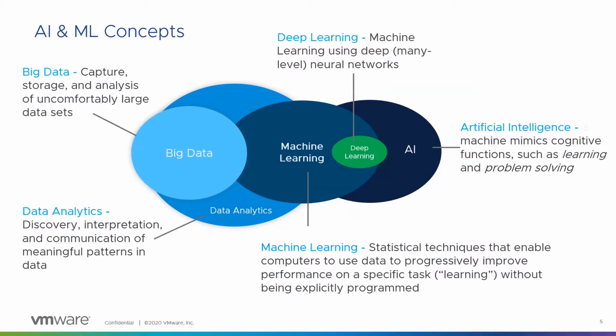So I know people use AI, ML, big data analytics all interchangeably. And it's kind of okay because people do, everything is born from a single source, right? Now, however, there are a lot of differences in terms of how each of these technologies work.